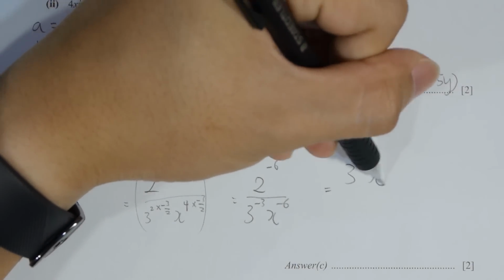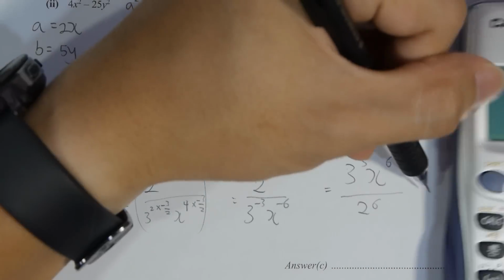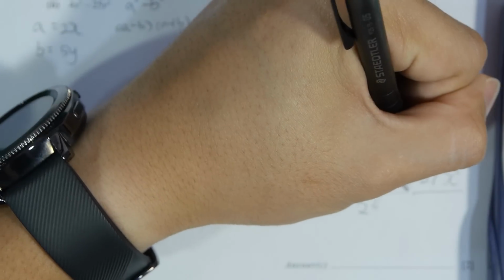I shift their places to get 3 to the power of 3, x to the power of 6 over 2 to the power of 6. And the final answer will be 27x to the power of 6 over 64.